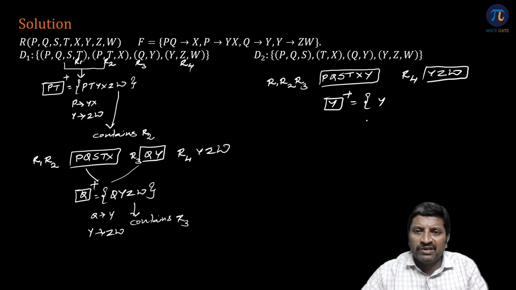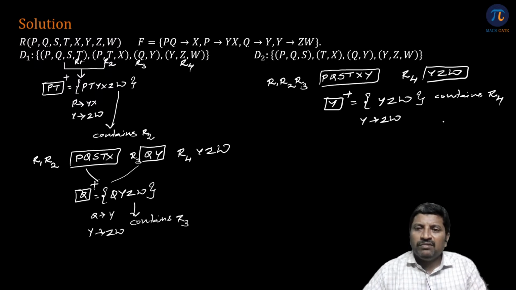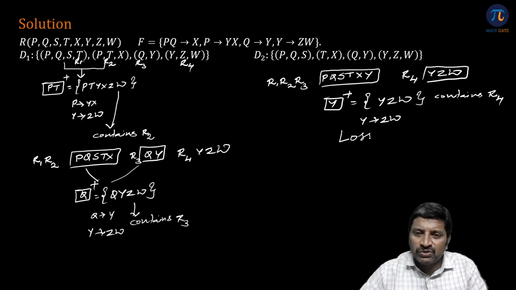With Y, I will get Y. With Y, I will get ZW. That's right. Anything else? No. Anyway, we got R4. So this is lossless. Hope you understood it.